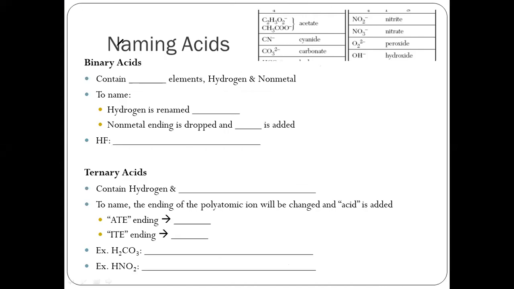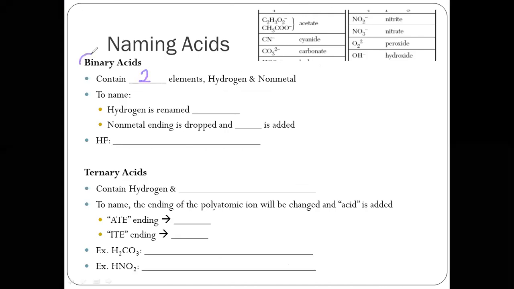Okay, so binary acids contain 2 elements. They always contain hydrogen and a non-metal. So to name whatever you have, the hydrogen gets renamed to hydro. And then the non-metal ending is dropped. So like the chlorine, you drop the INE ending.